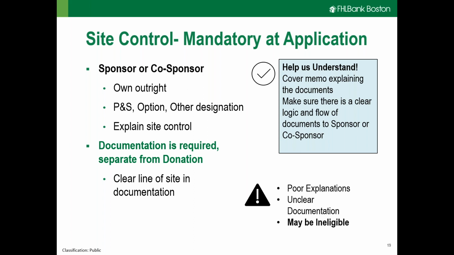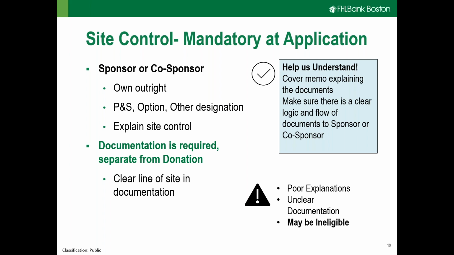Make sure it's clear, and we can follow your logic in the flow of site control that leads directly or indirectly to the sponsor and co-sponsor. Give us that map that we can follow to make it easy to understand how you have that site control, because we absolutely understand that it's not always a straightforward situation.